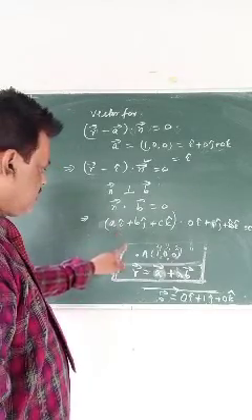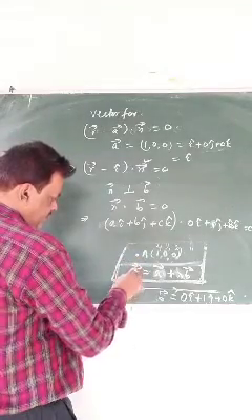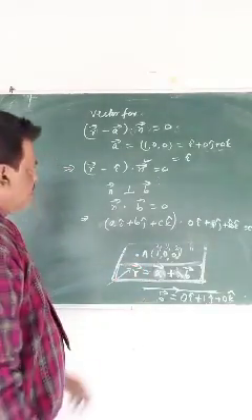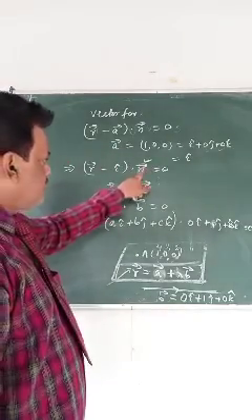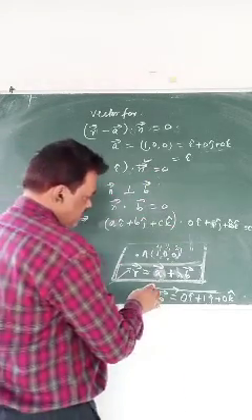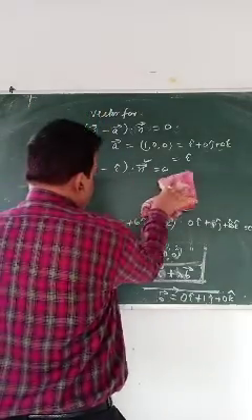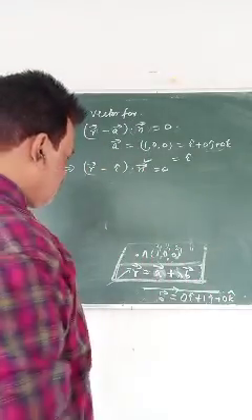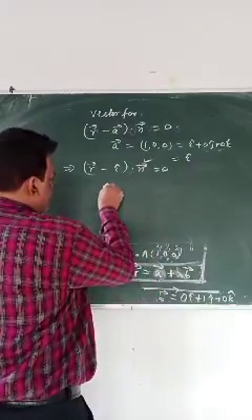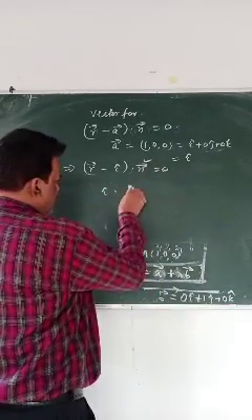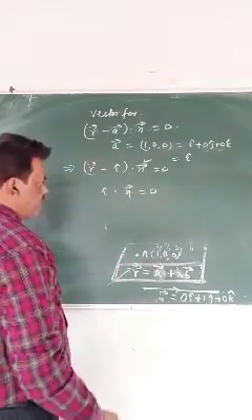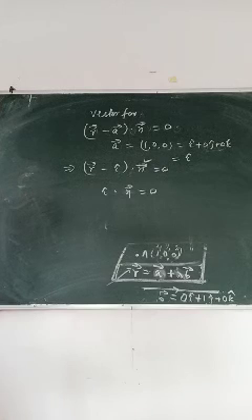Or you can say, if this is origin, then (r minus a) dot n is 0, so the relation will come out: i dot n is 0, j dot n is 0. Some tricky question.